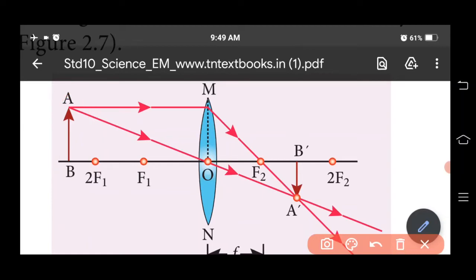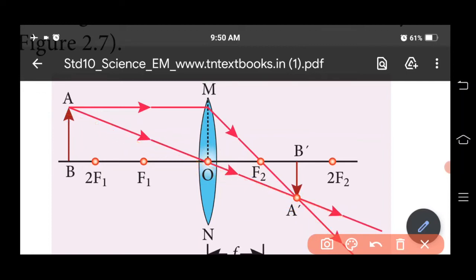First rule: when the light rays strike the optic center O, they continue to follow their path without any deviation. So it comes in a straight line without any deviation.